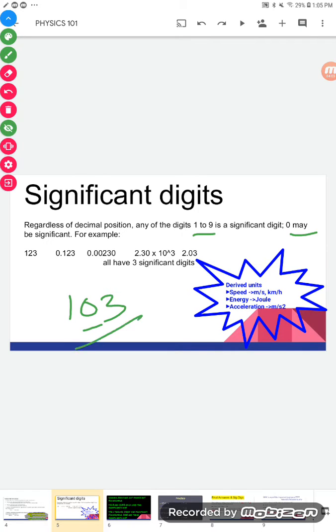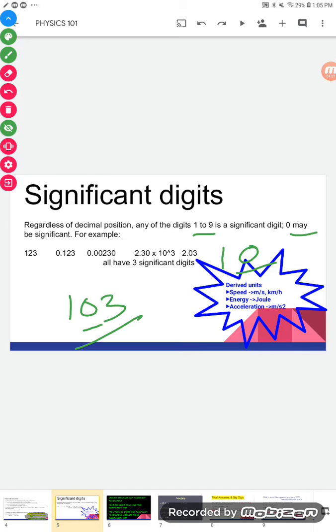So this would have 3 significant digits, as all these do. Okay, if there's a 0 to the right of a significant digit, it becomes significant. Okay, those are important little tidbits to know, especially if there's a decimal involved. Okay, so this is how we're going to work through this.